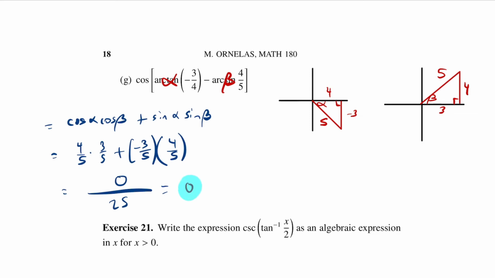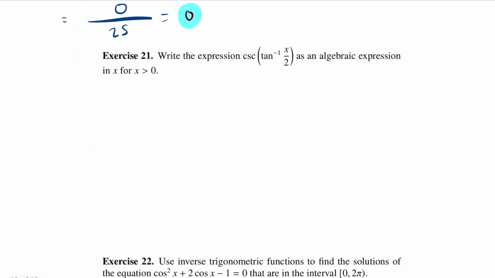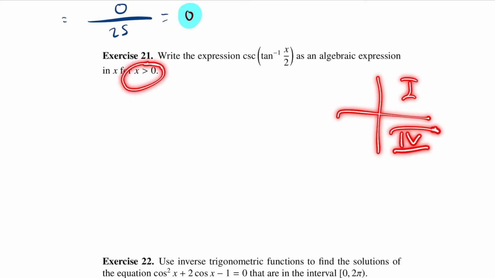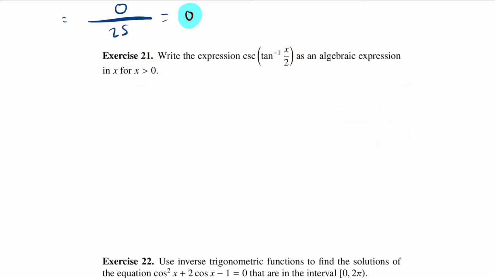Okay, this next problem says write the expression as an algebraic expression. So once again, inverse tangent is either in quadrant 1 or 4, but because x is positive, that means we're in quadrant 1. So let's draw a picture of this triangle. We're in quadrant 1.